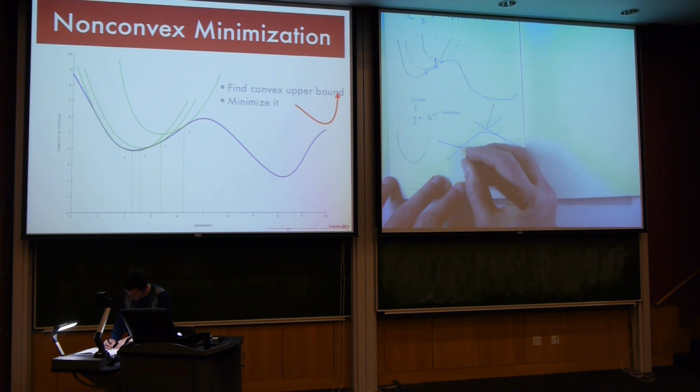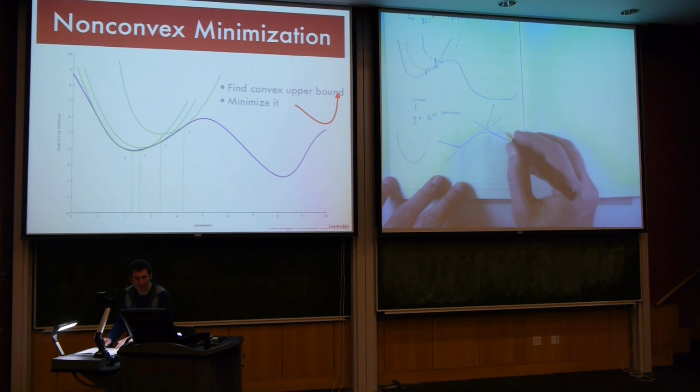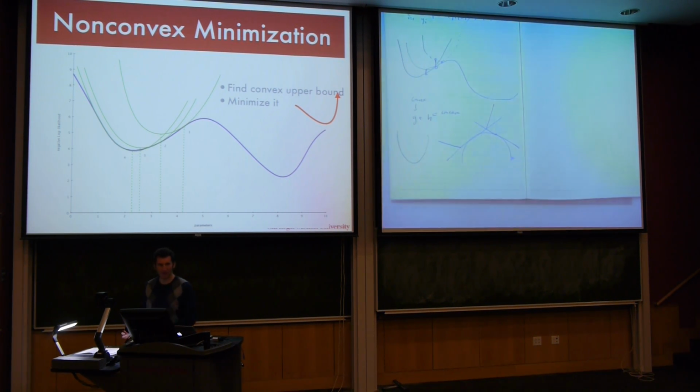But as you can see, this is a worse upper bound than just a straight line. So you're just making your life harder in terms of solving that new problem. And on top of that, the bound is worse. So there is no benefit in approximating and upper bounding the concave function with a piecewise linear one that's convex.